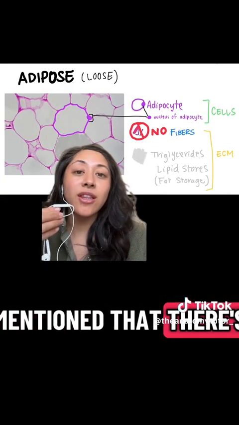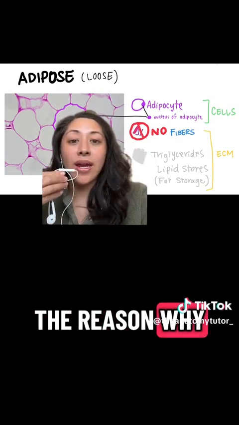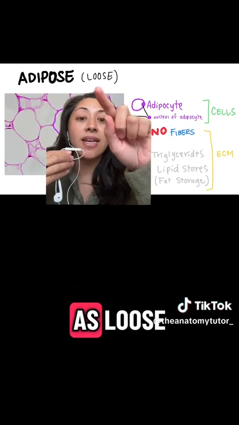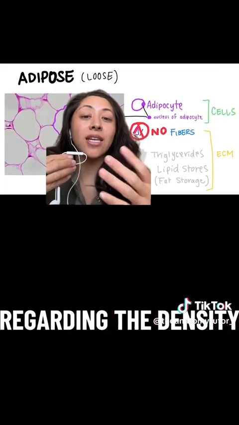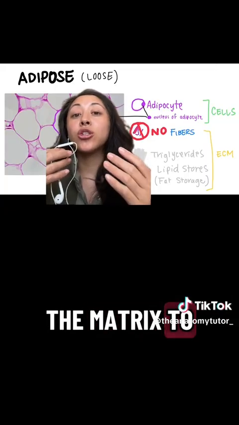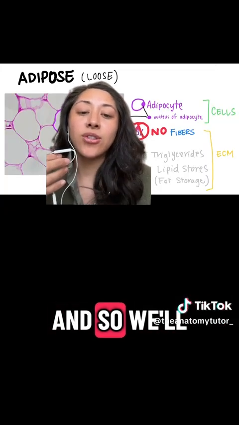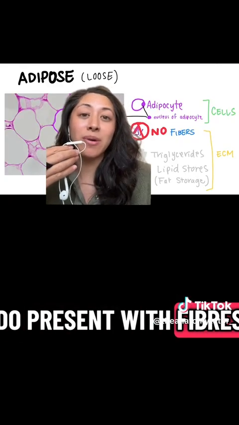Now, since I mentioned that there's no fibers in adipose tissue, that lends to the reason why it's indicated here as loose connective tissue proper. Loose is regarding the density and ratio between the ground substance and the matrix to the fibers present. And so we'll talk more about that as we see other tissues that do present with fibers.